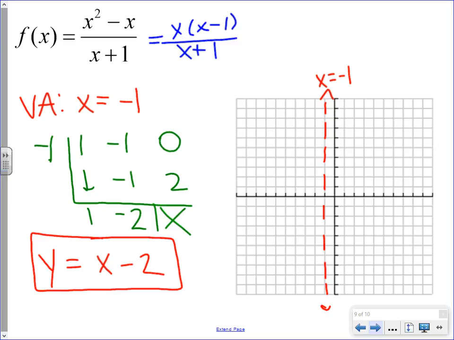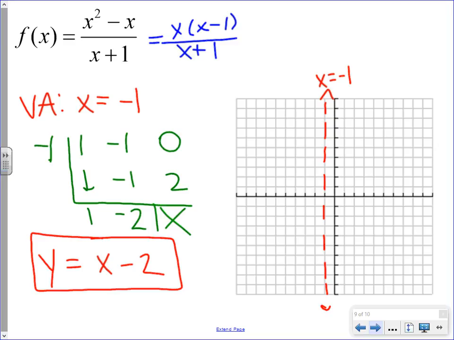We're only doing this when the numerator is 1 more degree than the denominator, so we should have a linear quotient. Okay? Graphing a line. You probably miss graphing lines, right? What once seemed maybe difficult seems so easy now, right?